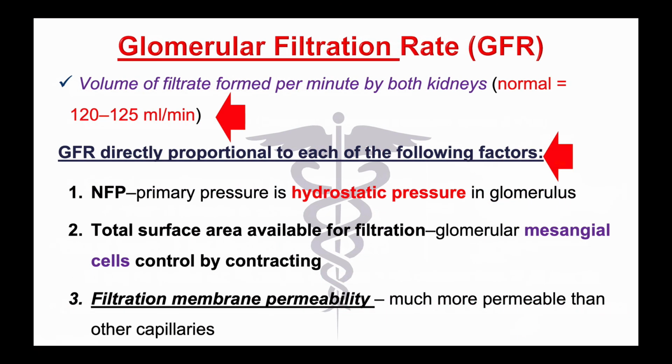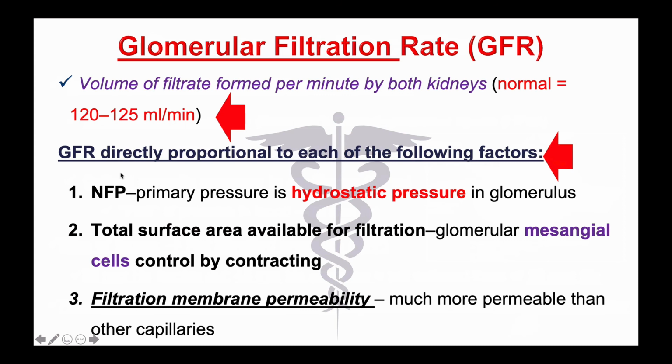Then the GFR, glomerular filtration rate, is closely monitored in the clinical area. There are some tests to measure the GFR. As I told you, 120 ml of filtration is done per minute.